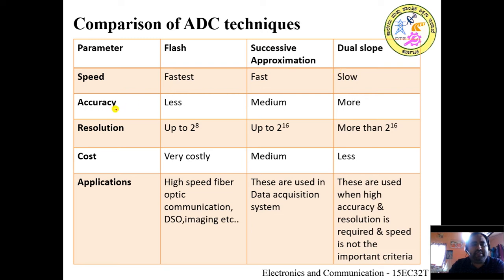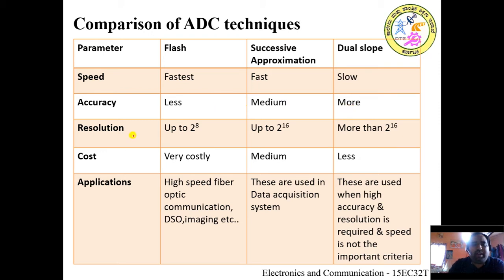The next parameter is accuracy, that is, how accurate the result is. The result obtained in case of flash type of ADC is less accurate, whereas in case of successive approximation type, it is somewhat more accurate compared to flash type, whereas in case of dual slope type of ADC, the accuracy is very high.